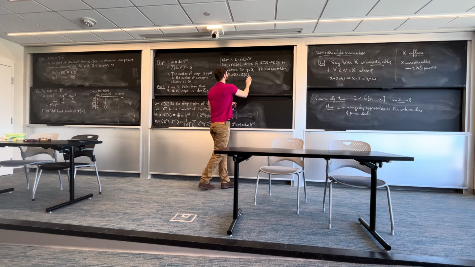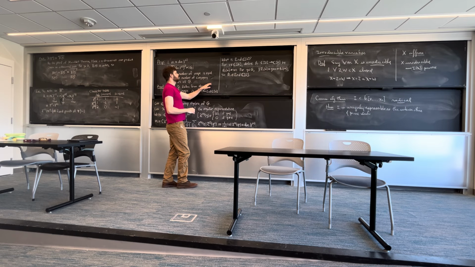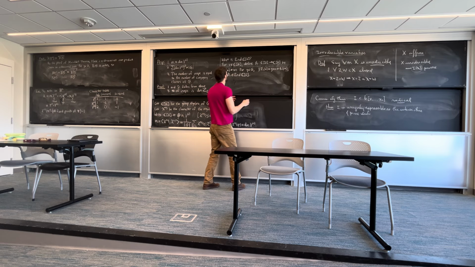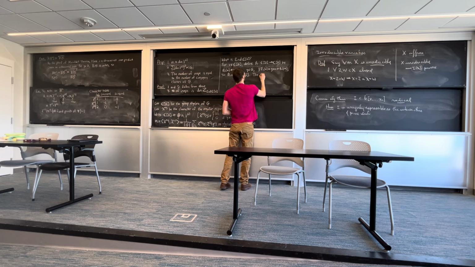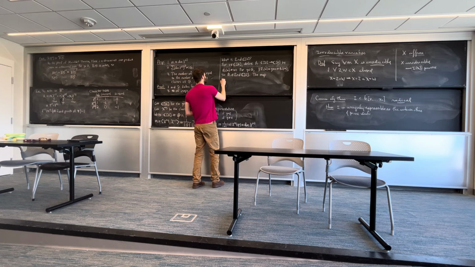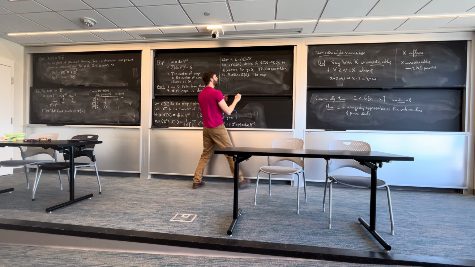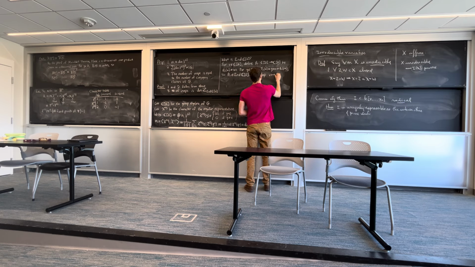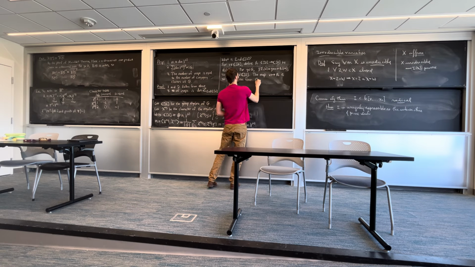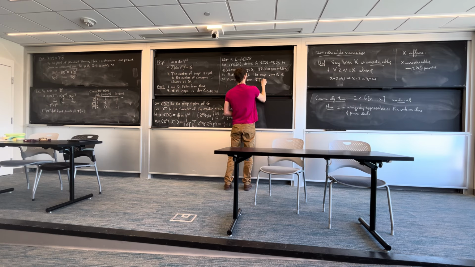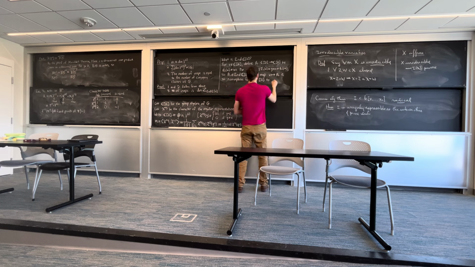So what I want to claim is that the map sending V to phi V is an isomorphism from the group algebra to the endomorphism algebra of the group algebra.